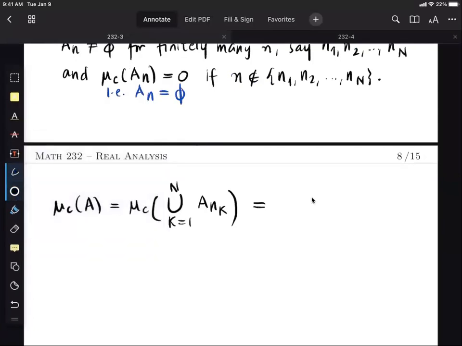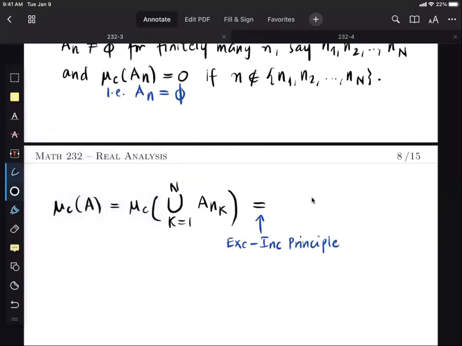Now, according to the remark that we have mentioned a while ago, more precisely the inclusion-exclusion principle for countable sets.